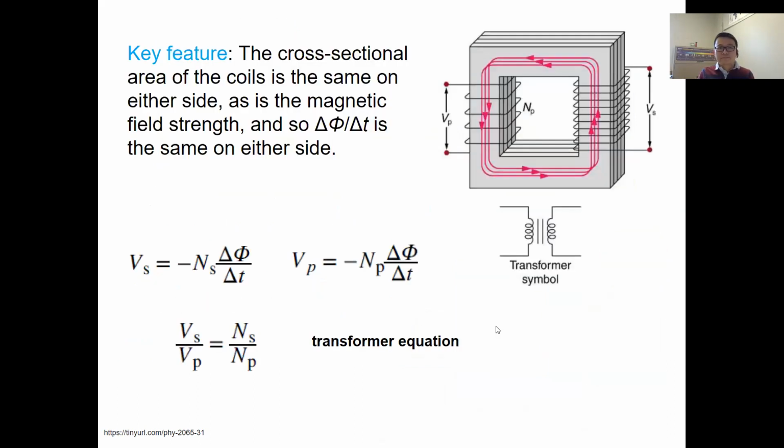Exactly, for the secondary coil the voltage is minus Ns delta phi over delta t, where phi is the flux through each coil. And for the primary it is minus Np delta phi over delta t. You can rewrite these two equations by putting delta phi over delta t on one side, because the change of flux through each coil is the same on both sides.